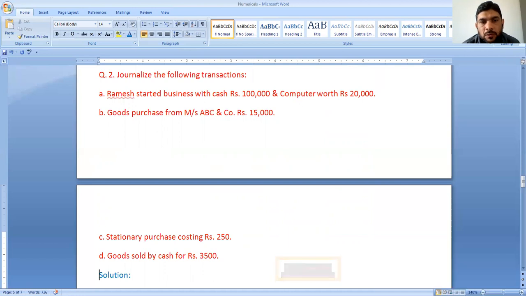First transaction, Ramesh has brought cash and a computer worth rupees 1 lakh and 20,000 respectively.